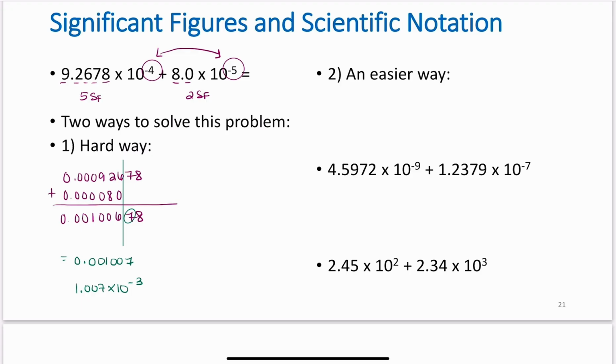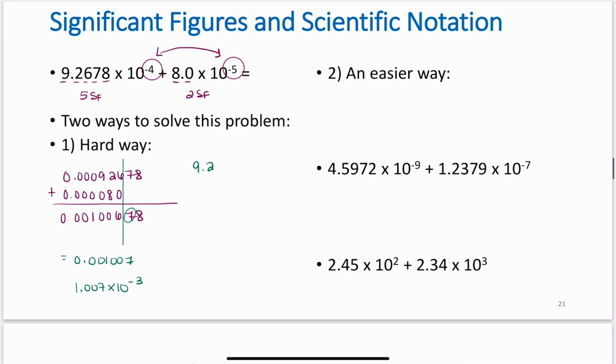Another way to do it would be get them into the same exponent. I can either go to the 4s or the 5s. Let's just go to 4. This would be like 9.2678 times 10 to the negative 4 plus 0.80 times 10 to the negative 4. If I wanted this to the negative 4, it'd be 0.80, not 8.0, because it's one number smaller.